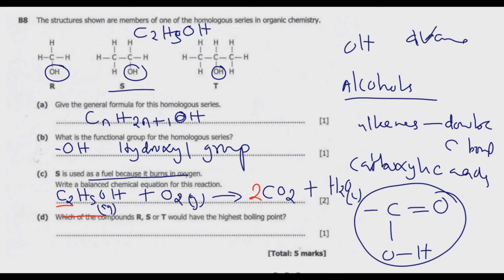The largest molecule in this case is T. So T would have the highest boiling point. The boiling point increases as the size of the molecule increases. So R would have the lowest boiling point, then T would have the highest boiling point. This is how you answer this question to get the 5 marks.